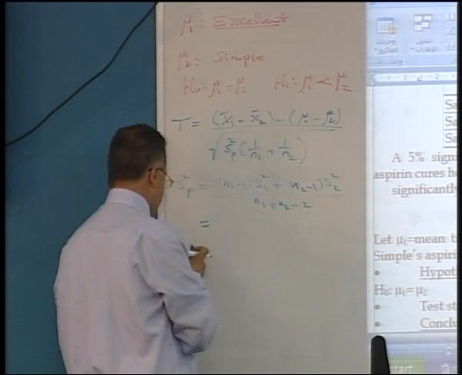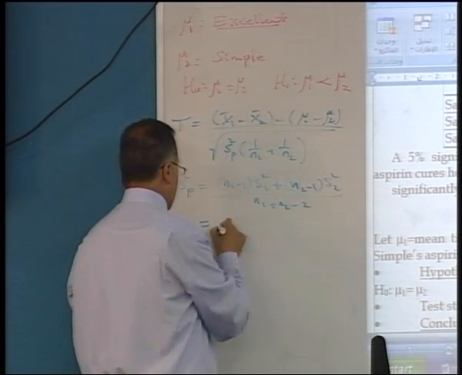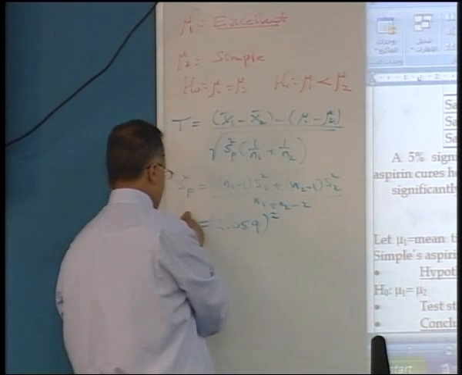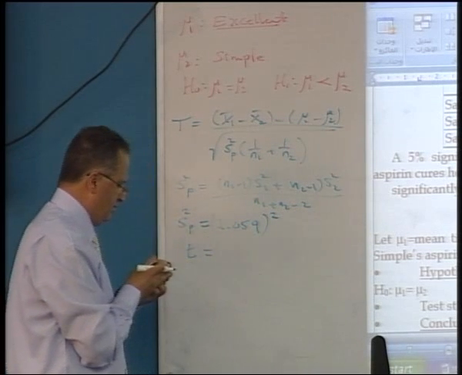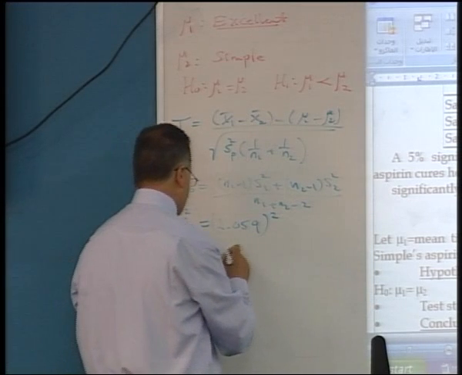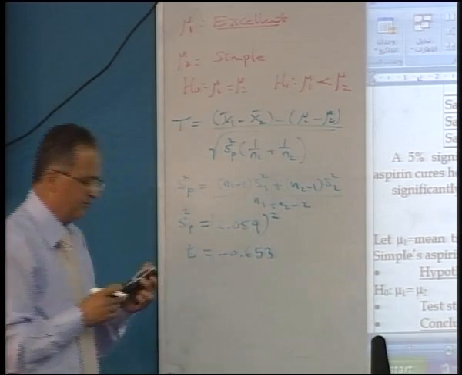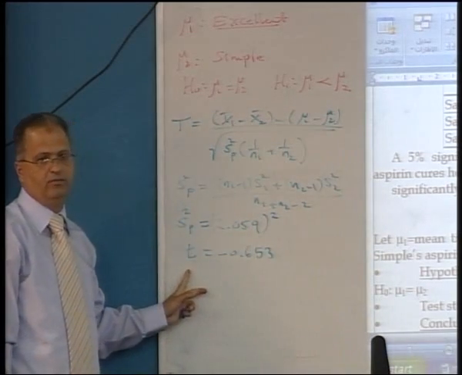S squared B equals 2.095 squared. Your T statistic equals negative 0.653. So that's your T statistic value.